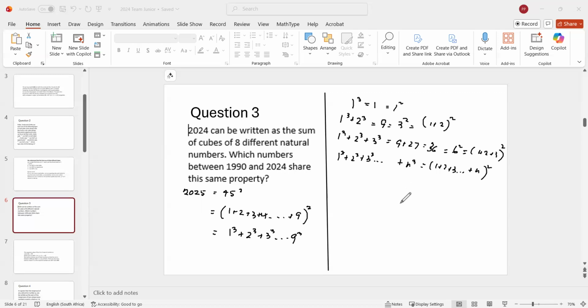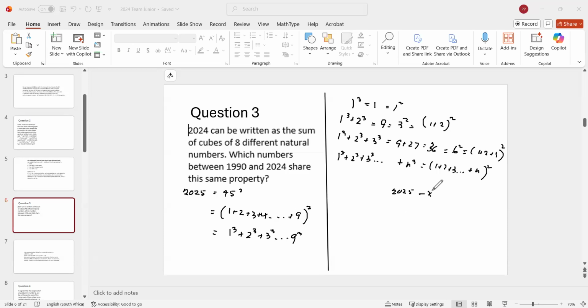So what you have is 2025. I'm going to remove one of these cubes.